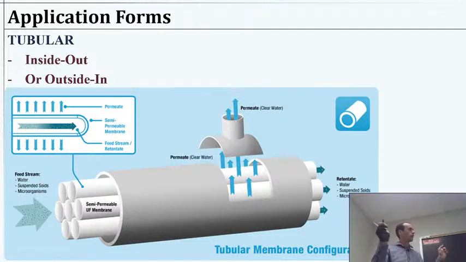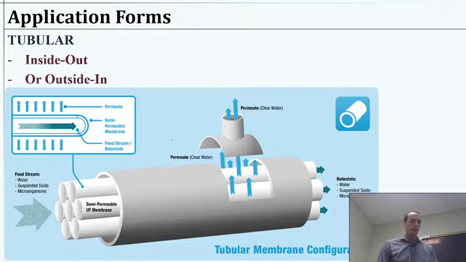We're going to filter through the tubes, and then it's going to be caught in this wider chamber. So we're going inside the tubes and then out. You can see a kind of expanded diagram here. Whatever does not make it through is just coming out the end over here, and that's going to be our retentate.